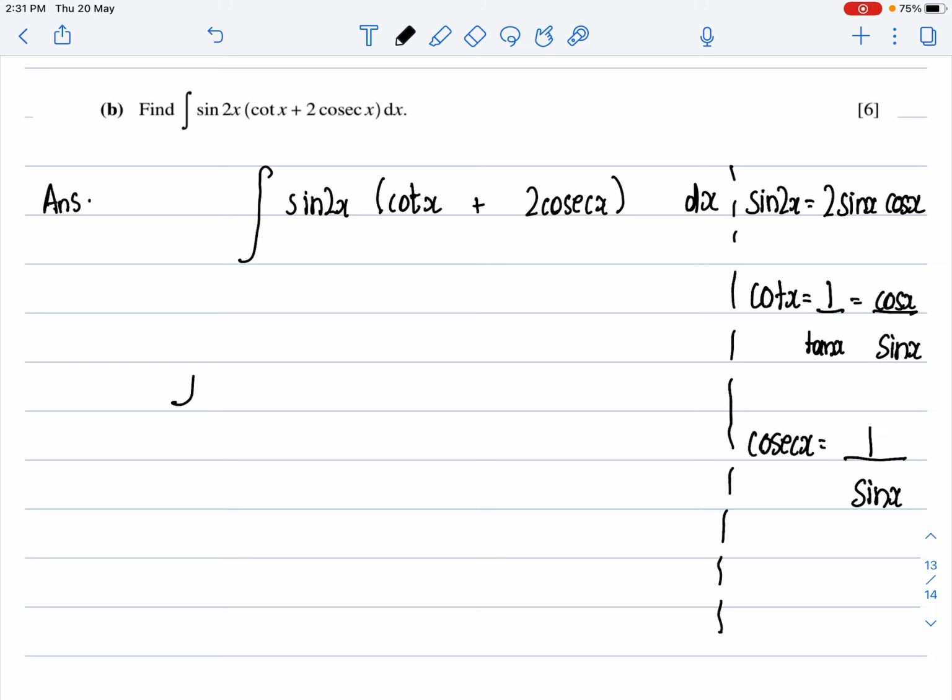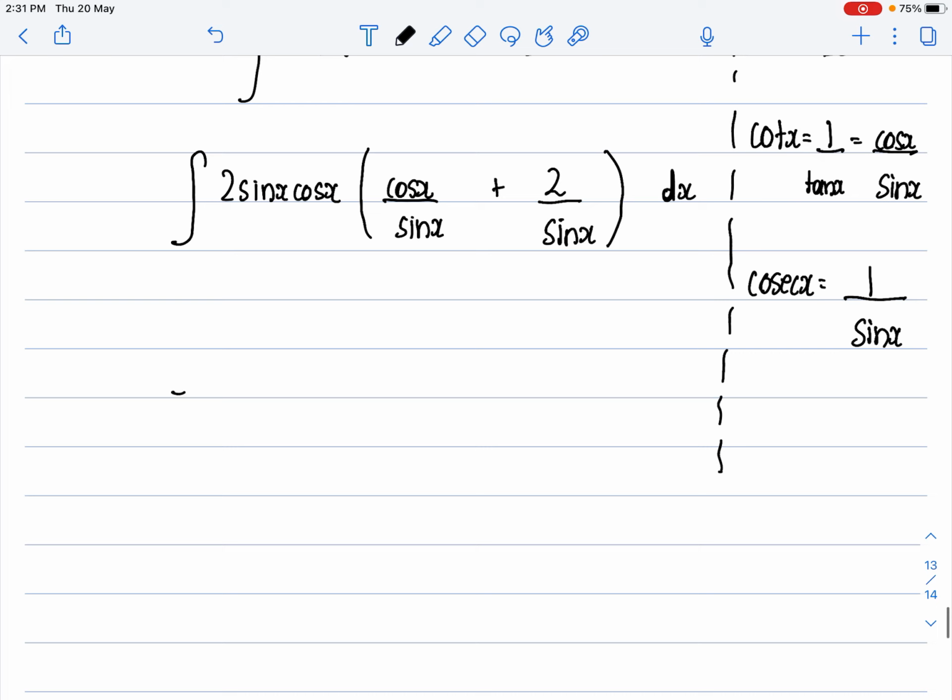So now using these properties, I can write this as 2 sin x cos x multiplied by cos x over sin x plus 2 over sin x dx. Now if I take 2 sin x cos x inside, the sin x and the sin x here will get cancelled.